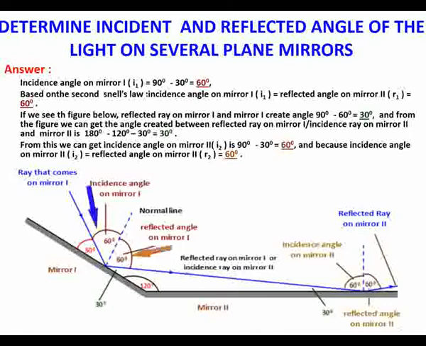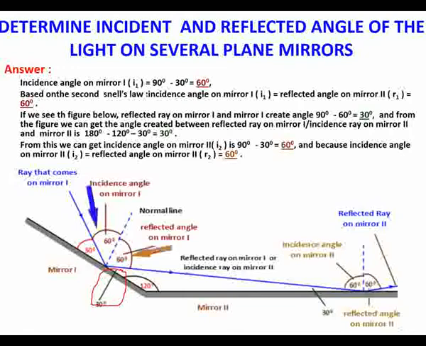So here we can set the reflected angle on mirror 1 equal to 60 degrees too. After the ray is reflected by mirror 1, the angle between the reflected ray and mirror 1 is 30 degrees.